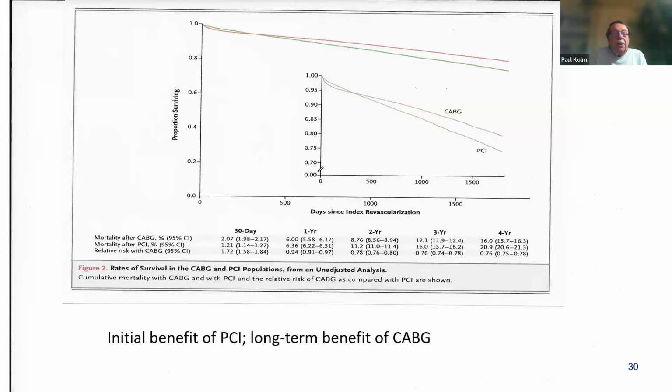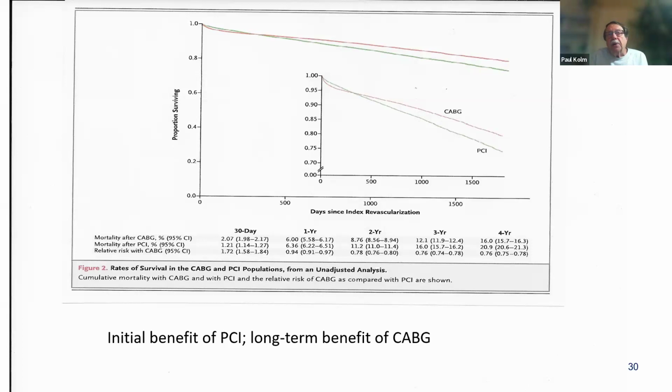But if you look at the bottom row, the relative risk with CABG over the time frame, you can see what's happening: at 30 days, the risk with CABG is 72% higher than it is with PCI. However, at 1 year after revascularization, you can see that it's pretty much equal.